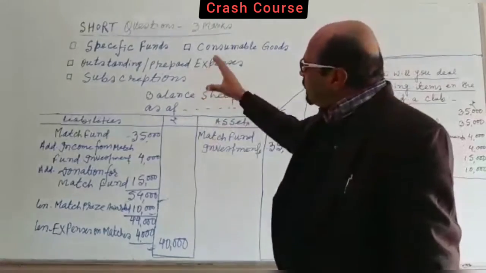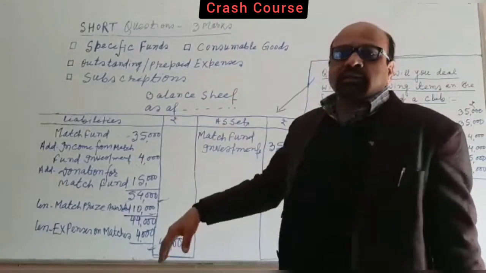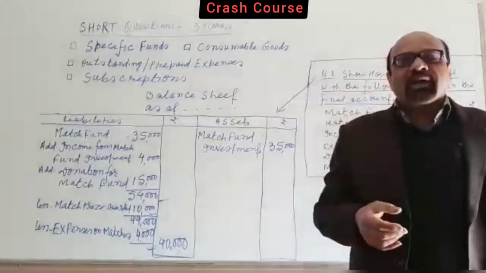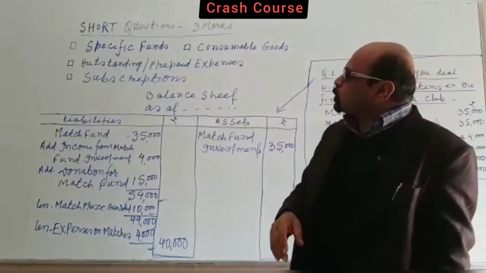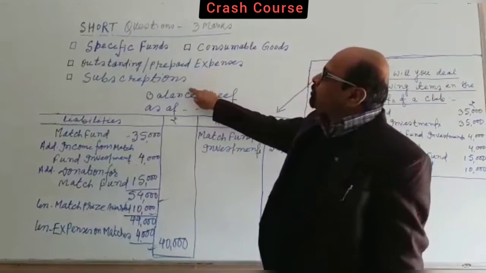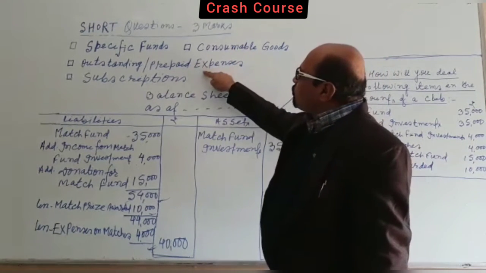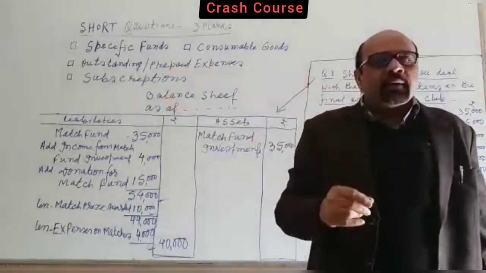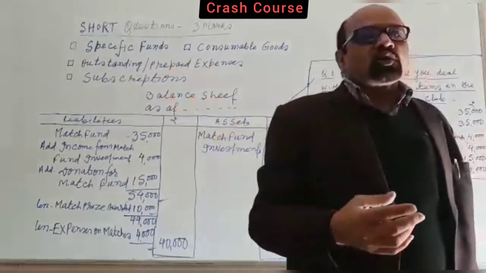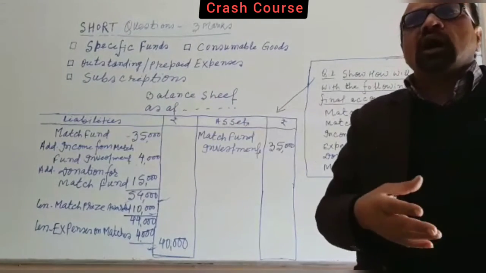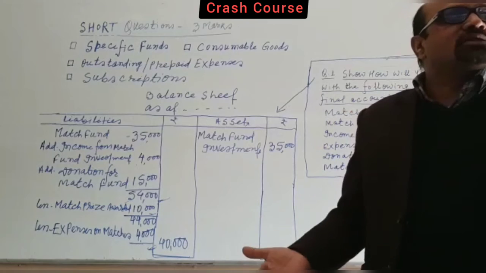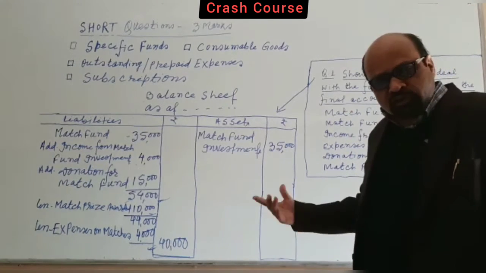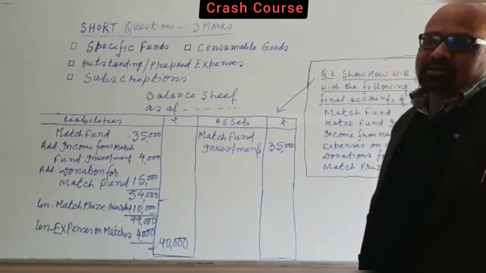So if you are able to solve all these points, then आपको बहुत कम टाइम लगेगा 6 मार्क्स के क्वेश्चन को सॉल्व करने में, क्योंकि हर एक 6 मार्क्स के क्वेश्चन में सब्सक्रिप्शन से रिलेटेड पॉइंट रहेगा ही रहेगा, एक्सपेंसेस से पॉइंट रहेगा ही, कंज्यूमेबल गुड्स और स्पेसिफिक फंड से भी पॉइंट रहना ही है। तो आपको 6 मार्क्स के क्वेश्चन को सॉल्व करने में बहुत इजी होगा and you can easily secure 6 marks from the 6 marks questions which will be given in the examination.